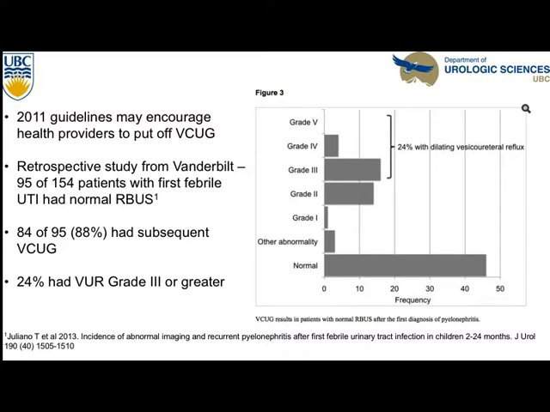And they found that these patients got an eventual VCUG purely based on the previous guidelines, bottom-up approach, and about a quarter of them, or 24% to the right, have dilating vesicoureteral reflux, something we would consider clinically significant. And they argued that, if you were to continue with this ultrasound first and VCUG later, you would have missed a quarter of the patients at the very least.